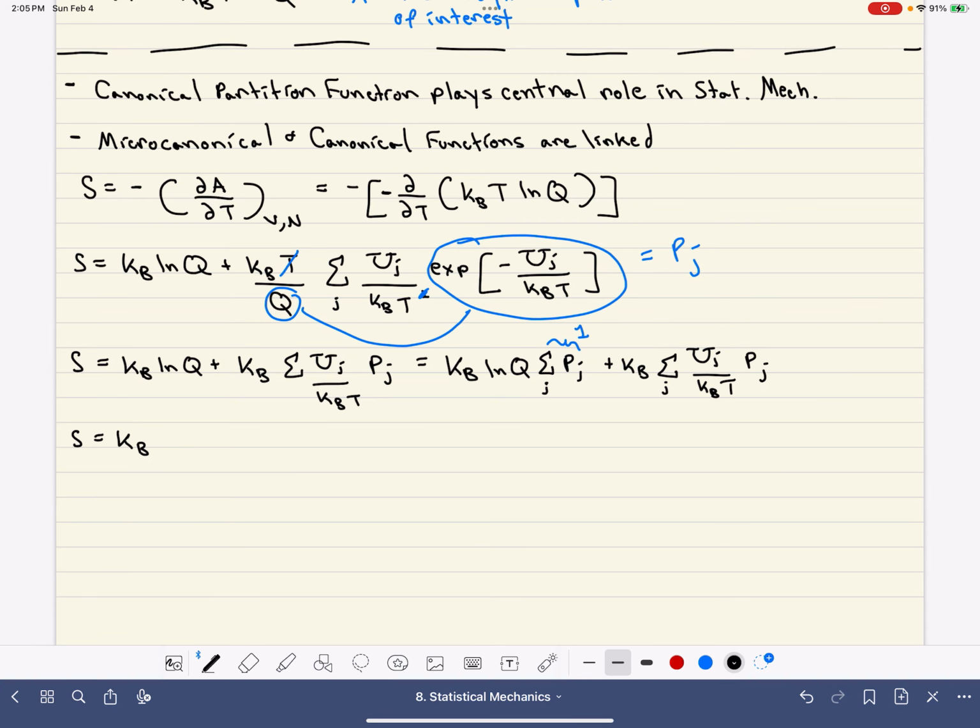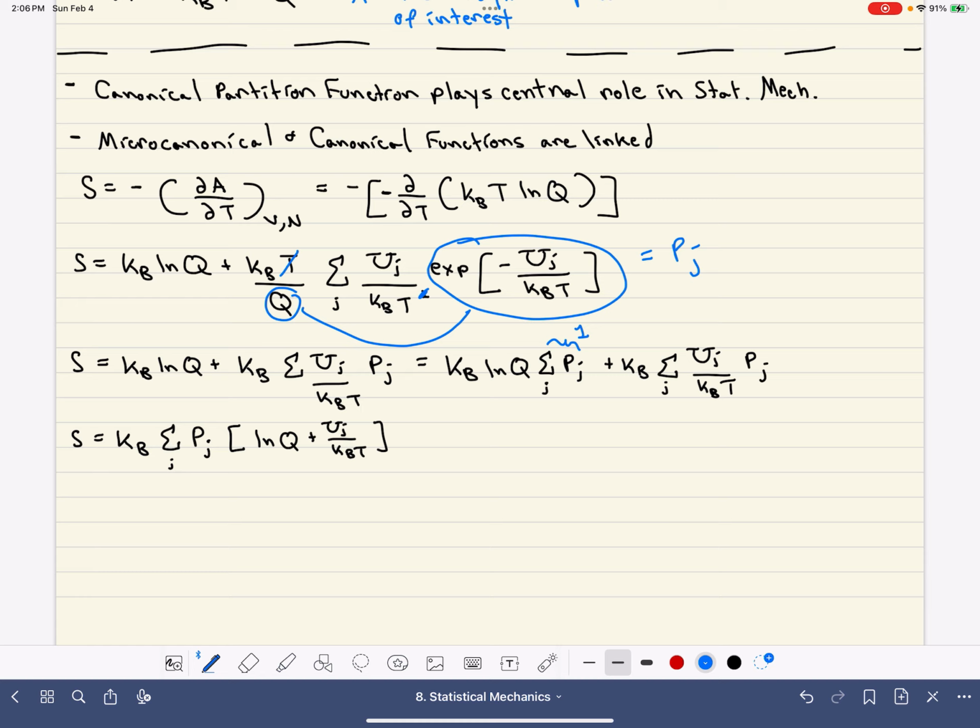KB, whoops. And so we have summations of P of j on both sides here. So I could factor that out now. ln of Q plus U of j over KBT. Okay.